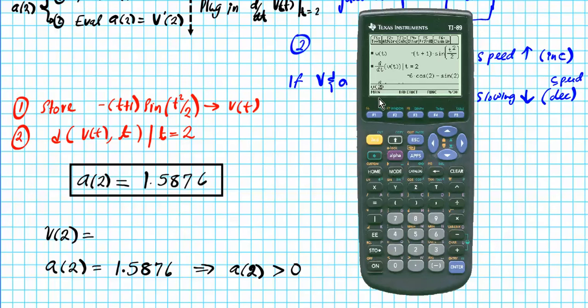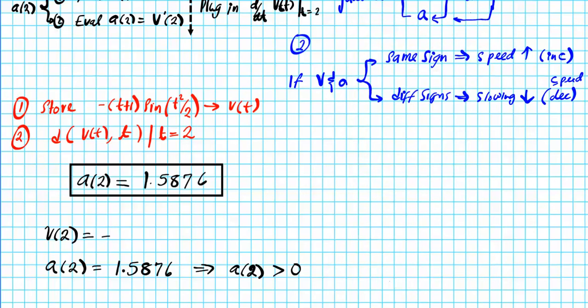So the calculator is going to take 2 and input it into the velocity function. We need a numerical result, so press diamond enter, and our result is negative 2.7279. This means that the velocity at t equals 2 is negative.